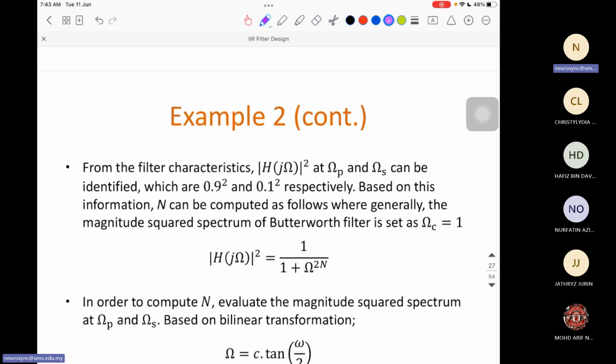From the filter characteristics, we can find the value of capital N. We know the squared magnitude of H of j omega.